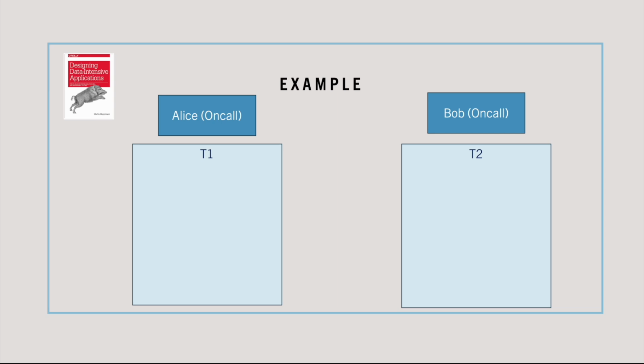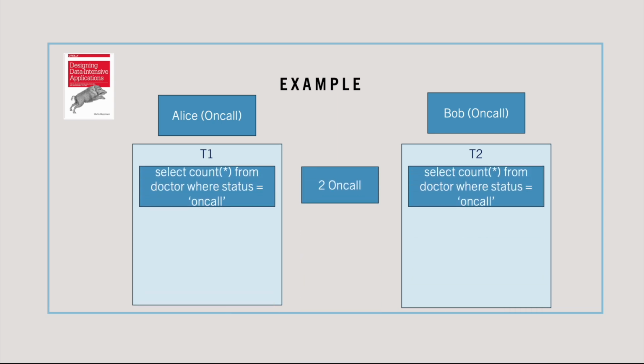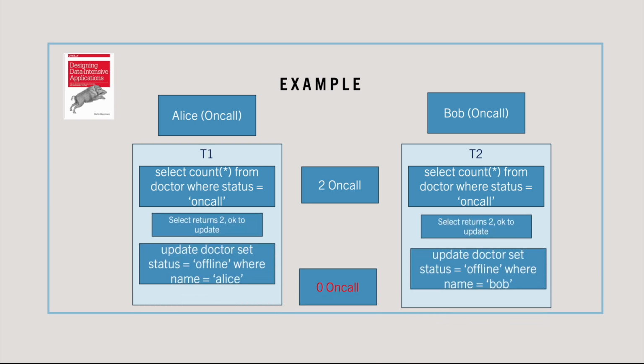In each transaction, the select statements return 2 for the current on-call count and allow both updates to happen. Now the system has 0 doctors on call, causing the issue. In this case, we need to use the serializable isolation level to ensure that no other transactions can make changes while the current transaction is running.